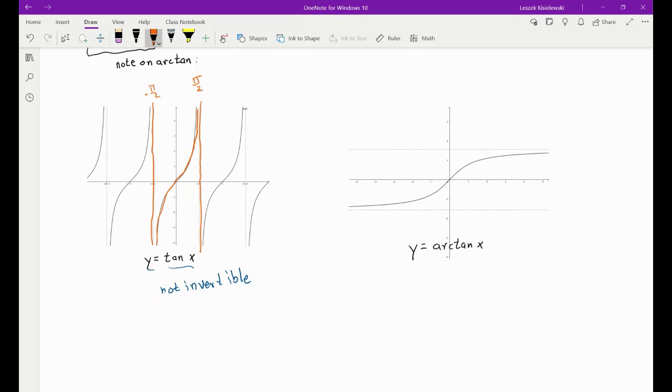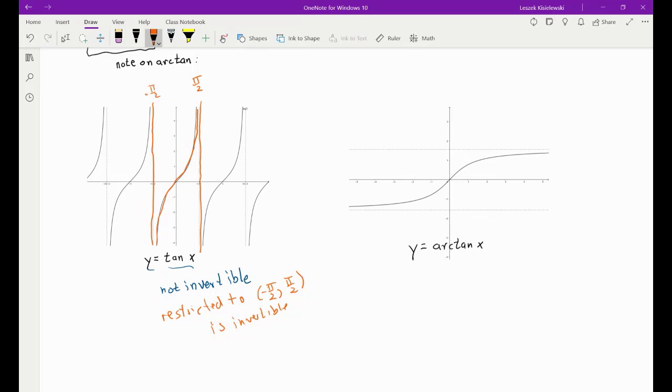So tangent restricted to the interval from negative pi over 2 to pi over 2 is invertible.